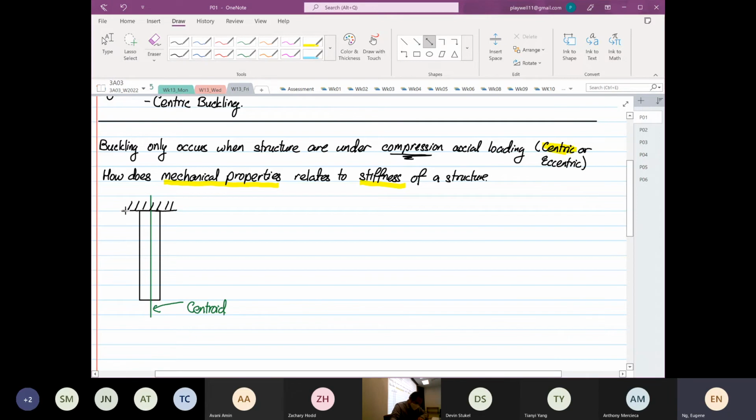So over here we have our length, L0. Okay. And we have our A, which is our cross-sectional area. So now if we apply a load P at one end, at the other end, at the free end.